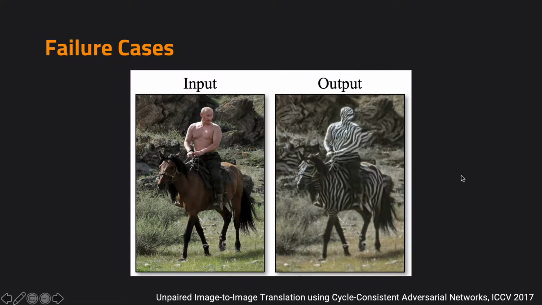Like in this case, the model not only transfers the horse and puts zebra stripes on it, but also puts the stripes on the other objects like the person and the background stones.